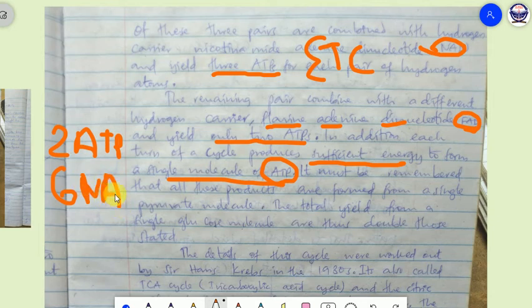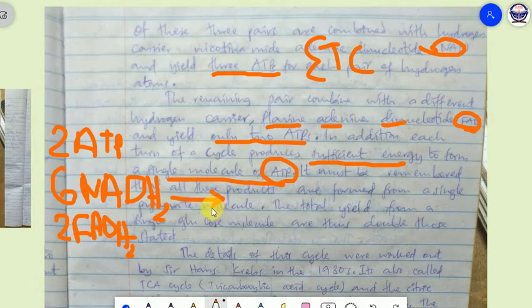These are the end products of the Krebs cycle. And from there we have also, in FAD, 1 molecule, so we'll have 2 FAD. The direct amount of ATP is 2, but from there we have 6 NADH.